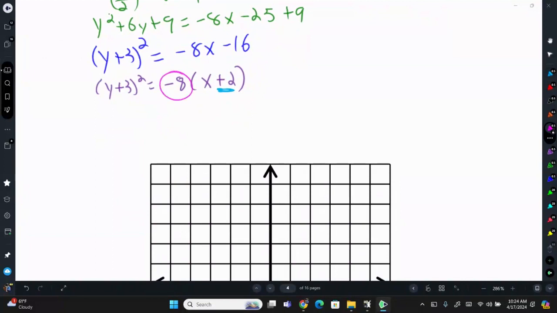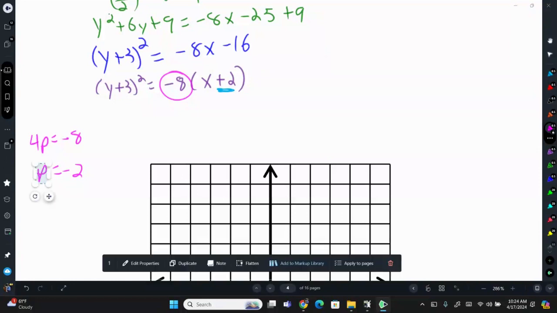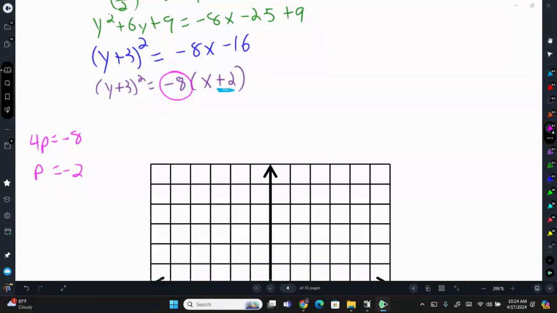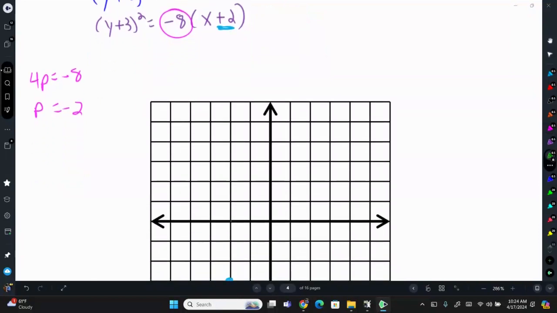Now we have to figure out our p-value. So remember, this is equal to 4p. So 4p is equal to −8. So p equals −2. That negative just tells us which way it opens. Because p is negative, and it's a sideways parabola, this is going to open left.